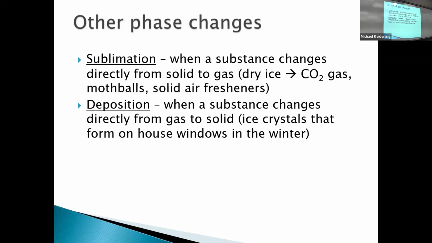Room temperature, 900 psi, something like that. Mothballs, solid air fresheners, these are things that sublimate. And deposition is when something changes directly from a gas to a solid. So if you've seen frost on the inside of your refrigerator, inside of your freezer, or on your windows on a cold winter day, that is deposition.